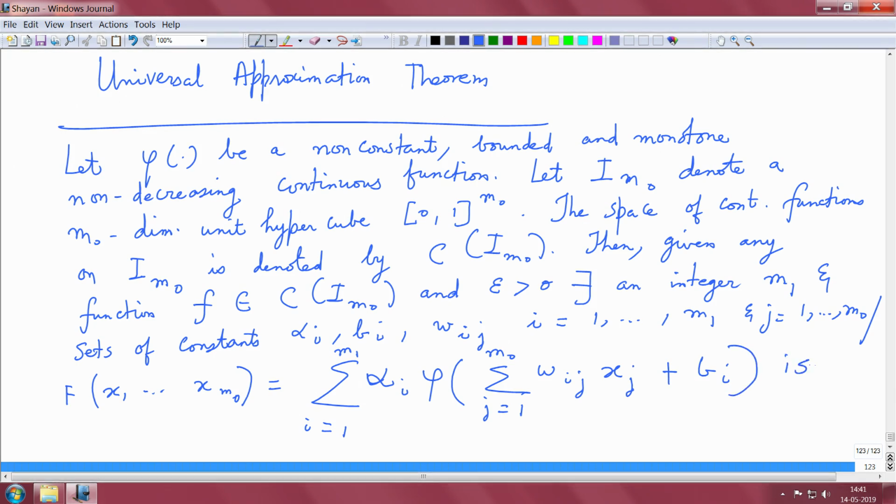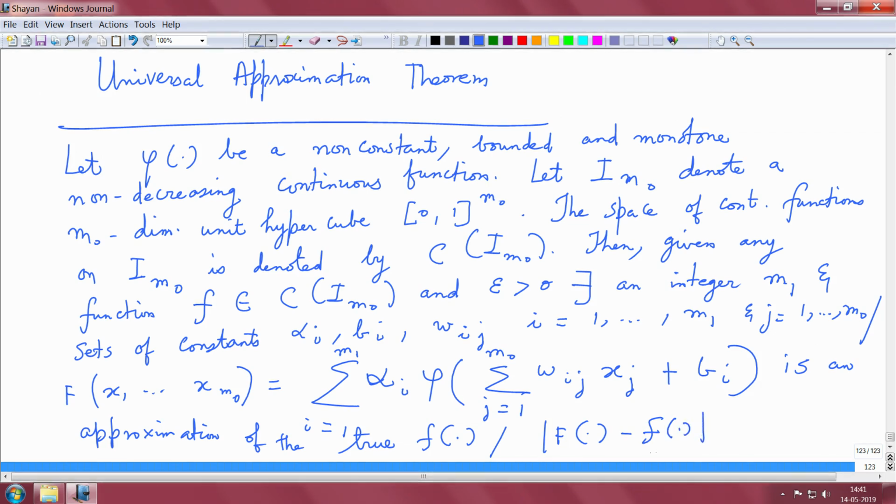So, this is an approximation of the true function over these m naught variables, such that the absolute value of this function, which is the approximating function, minus the true function, is within epsilon. Okay. So, this deviation is within epsilon.